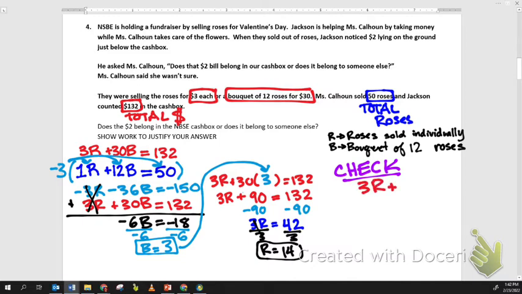My 3R plus 30B equals 132. If Jackson found that $2 bill and put it back into the cash box, that would mean he's adding $2 to that.